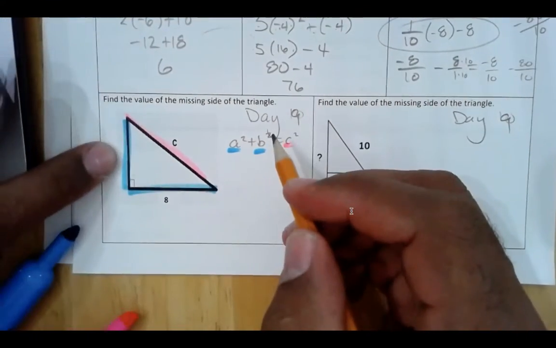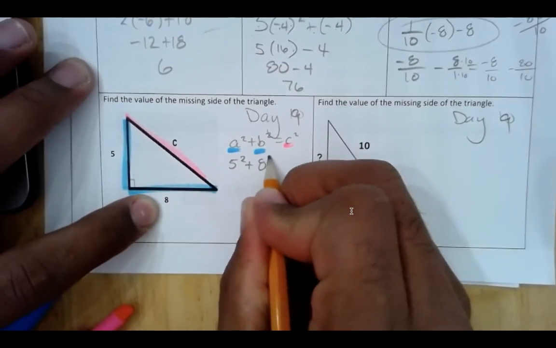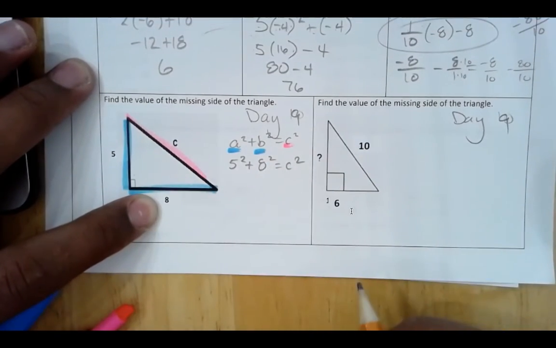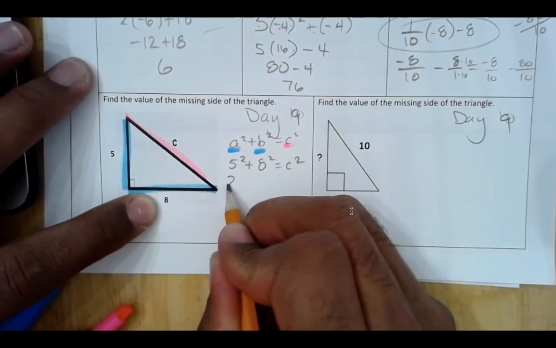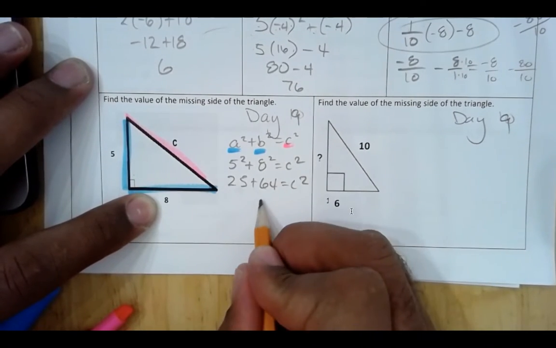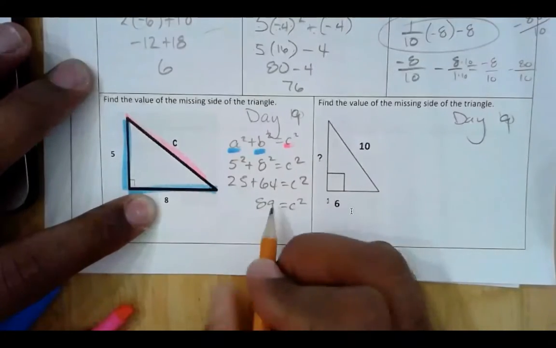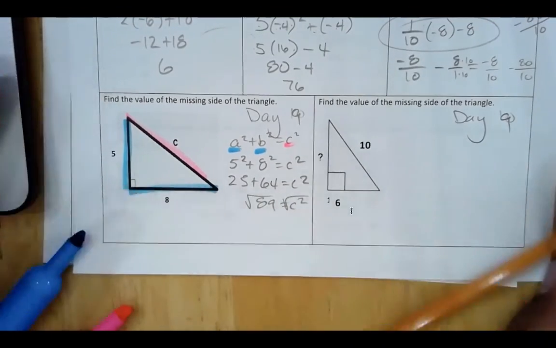So now what I do is I just plug these in, so I get 5 squared plus 8 squared equals c squared, and I got to solve for c. So 5 squared is 25, 8 squared is 64, add those up, we get 89. Okay, and then the last step is to square root 89.